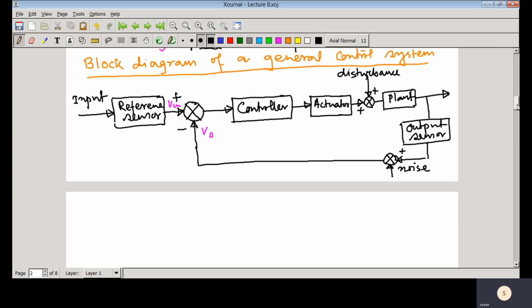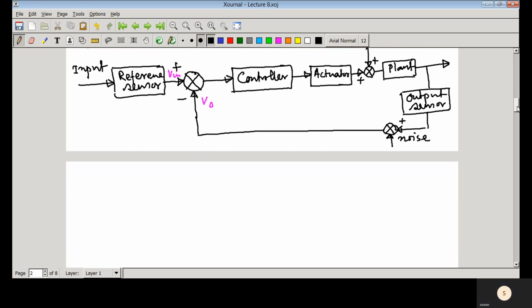So there is one important point that should be noted down, that is what happens if any nonlinear block is involved in the feedback closed loop control system.